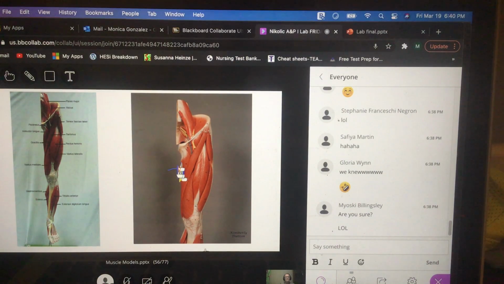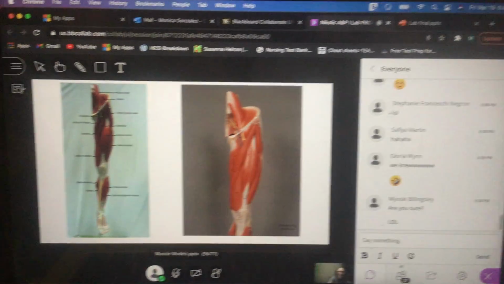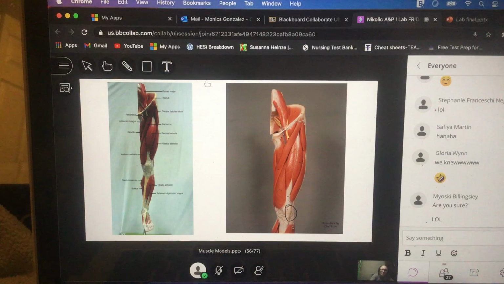Don't do it. Good job. Now, notice the knee. We've had to slightly orient it over in order to get that gracilis nice and visible, because it's very flat in the very anterior orientation.